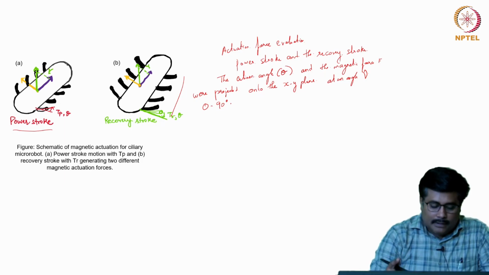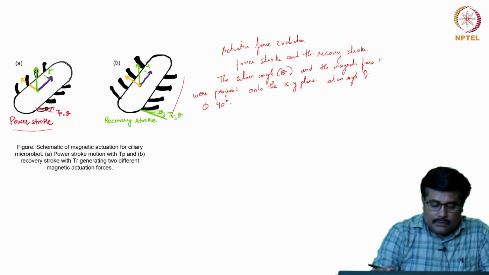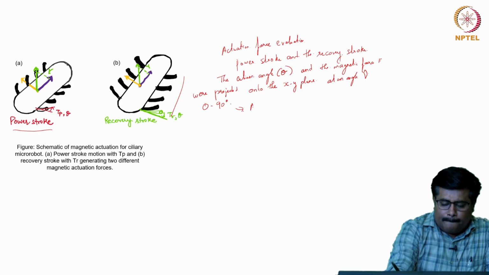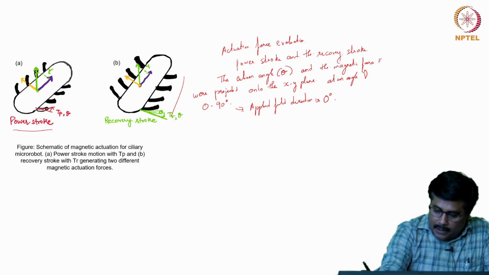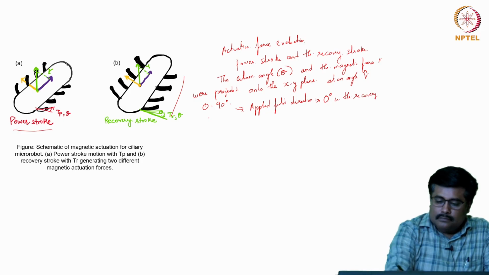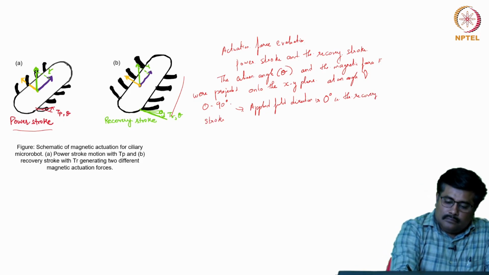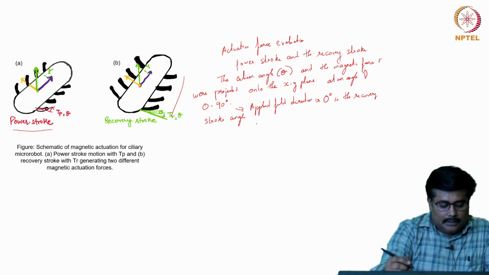So here we have the cilium angle theta and the applied field direction, which is 0 degree in the recovery stroke, and the force is generated due to the difference between the maximum cilial angle and the 0 degree.